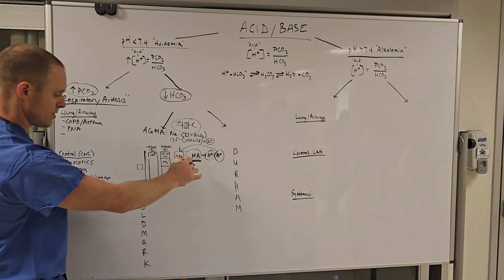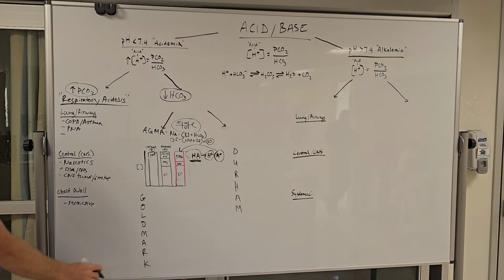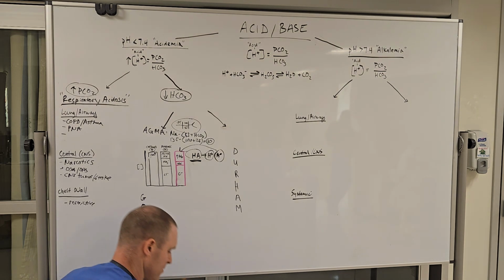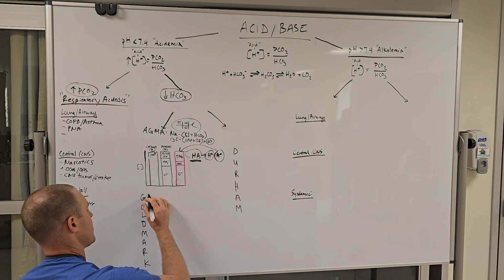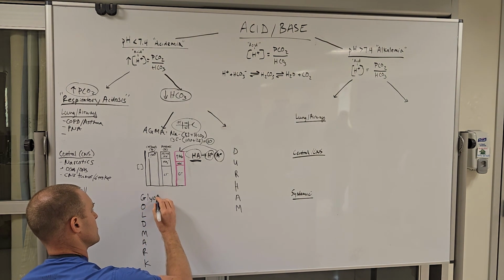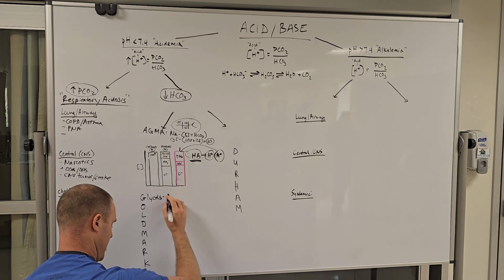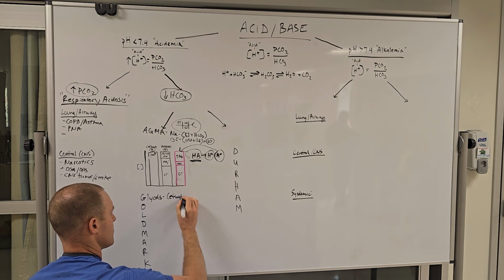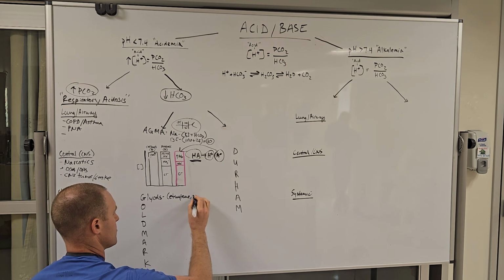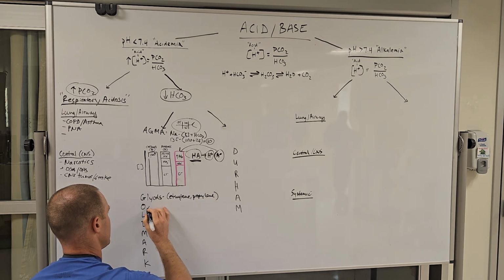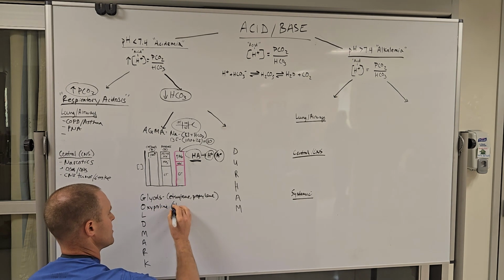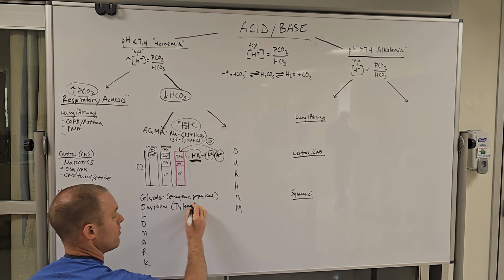Okay, so this is what we're talking about, contributing to that anion gap metabolic acidosis. So what are those things? Glycols. Ingestions, so this is like ethylene, propylene. Oxoproline is a metabolite of basically Tylenol, so like a Tylenol overdose.